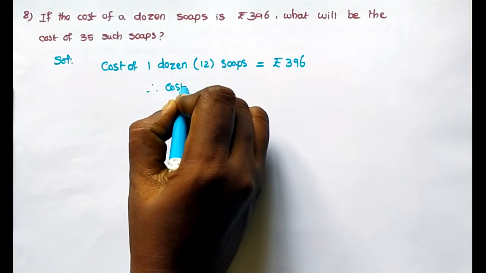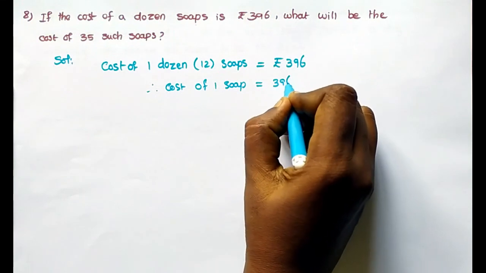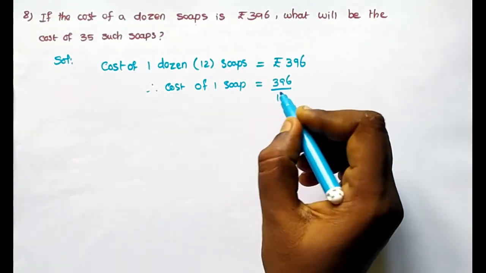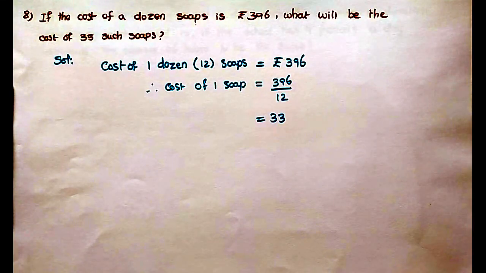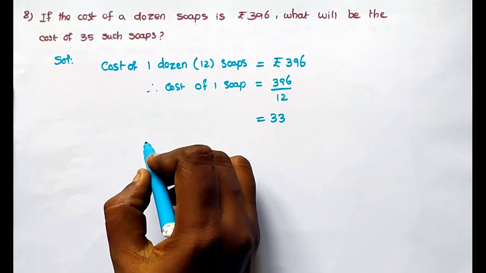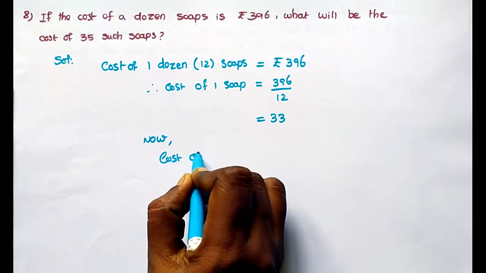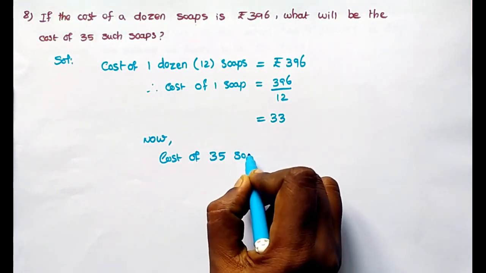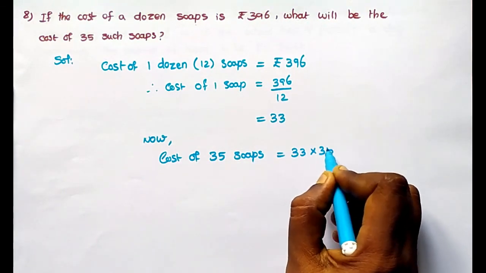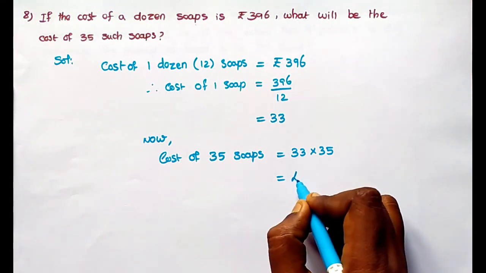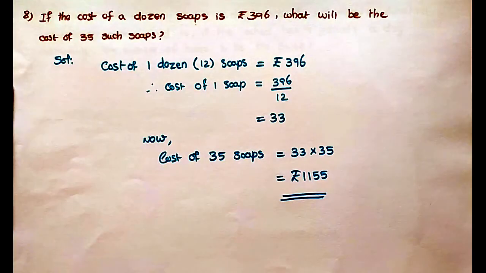Therefore, cost of 1 soap equal to 396 divided by 12, we get 33 rupees. So cost of 1 soap equal to 33 rupees. Now cost of 35 soaps equal to 33 into 35. Multiply this means rupees 1155. That is the answer.